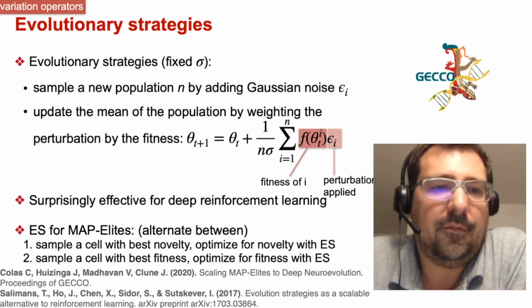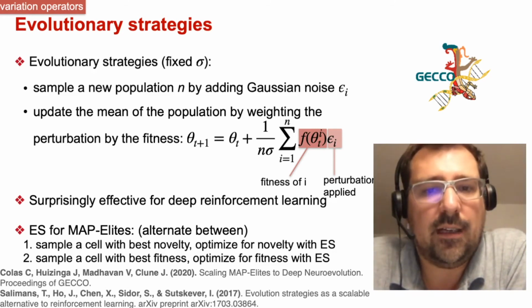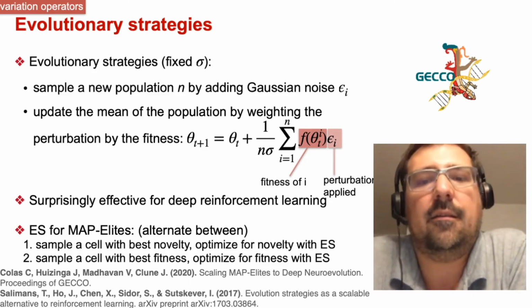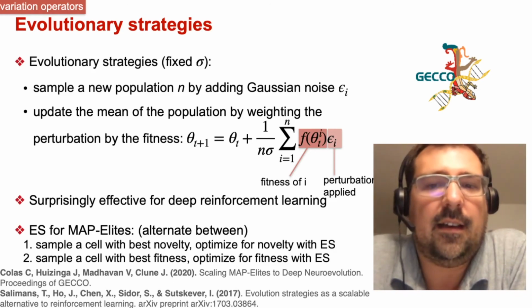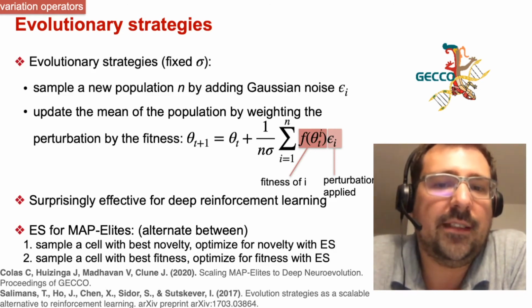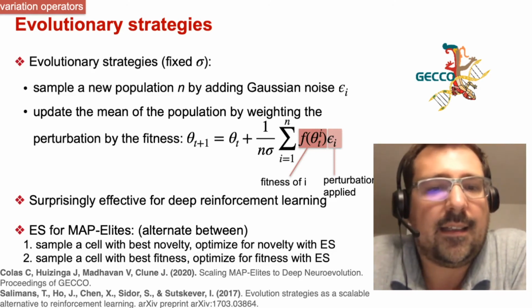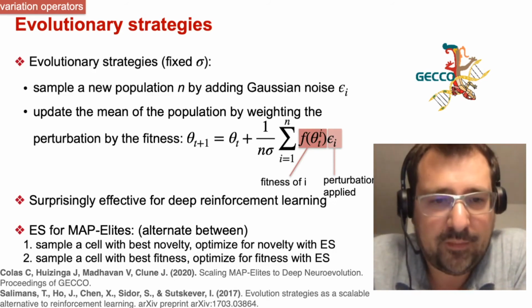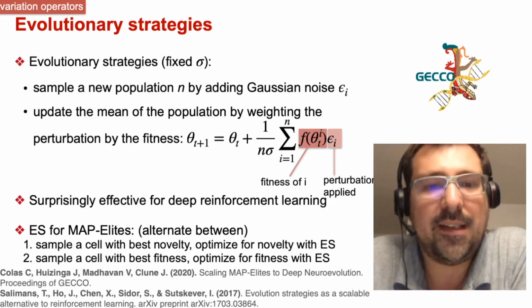And the idea is that to get the new mean, you take the previous one, and you multiply the fitness that you obtain by the perturbation, so that you essentially move in the direction of the perturbation biased by the fitness. It has been found recently that it's surprisingly effective for deep reinforcement learning, which is specific because you have thousands of parameters or even millions of parameters to learn.